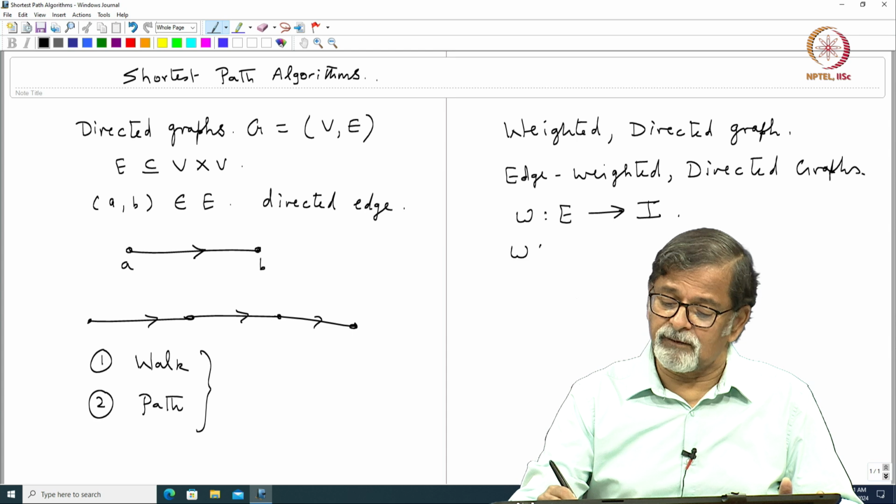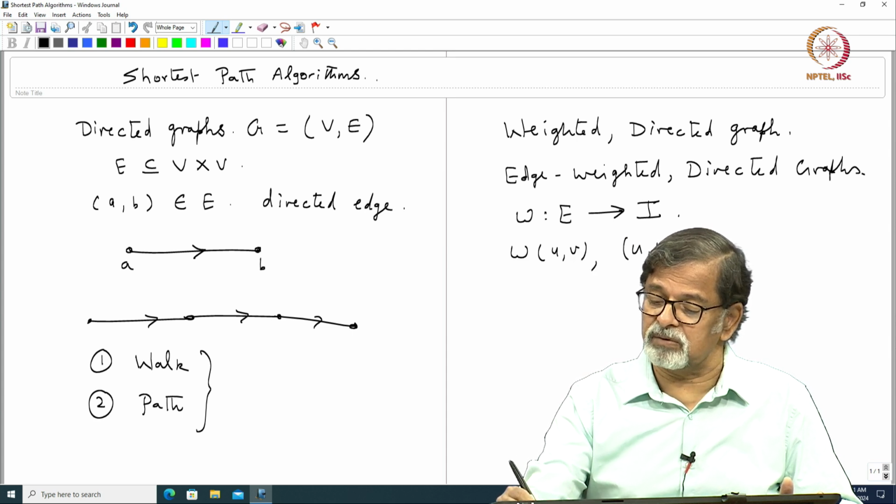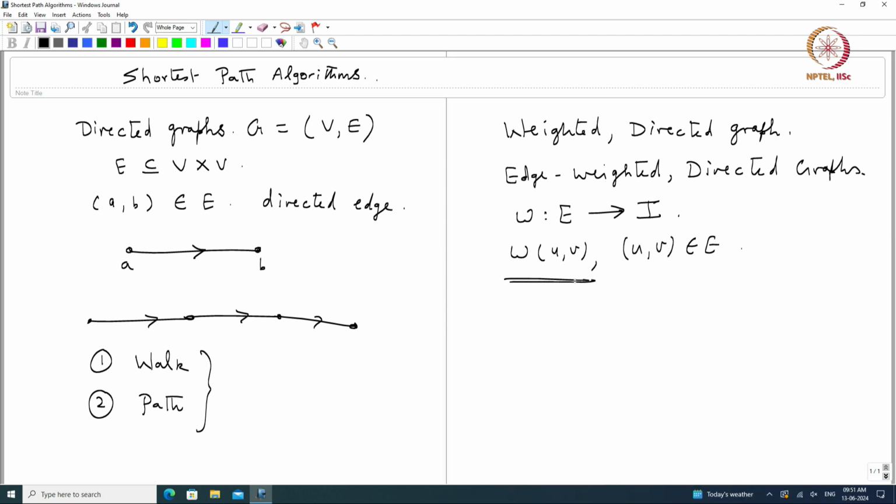Weight of an edge UV, when UV belongs to E, is denoted by W(UV), and the weight of UV could be positive, 0 or negative. The weight could be any kind of integer, right. Weight of an edge could be positive, negative, or 0.